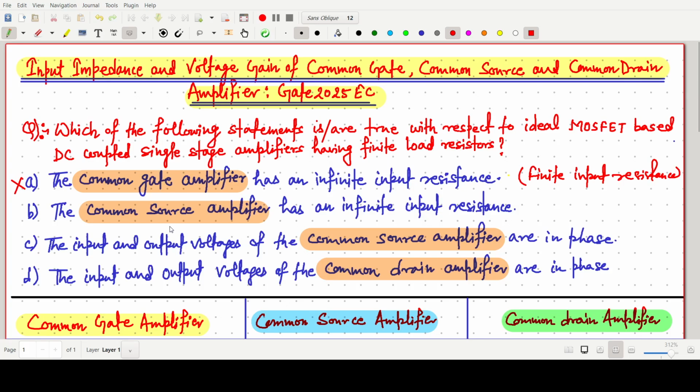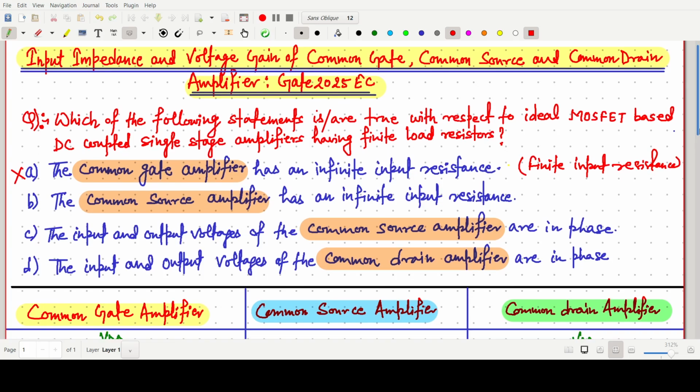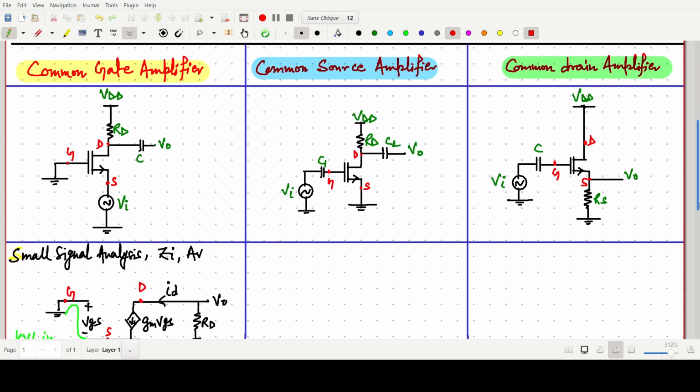Now common source: the common source amplifier has infinite input resistance, and the common source is in phase, so that we have to determine. For that purpose we go for the common source amplifier, which I have already drawn. First we will do the small signal analysis, so we will draw the small signal equivalent model.